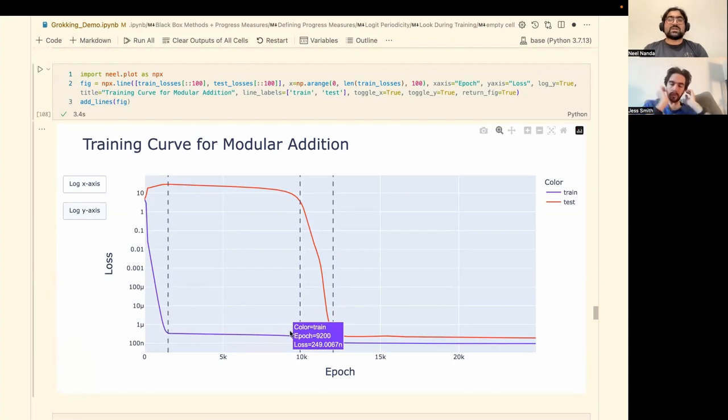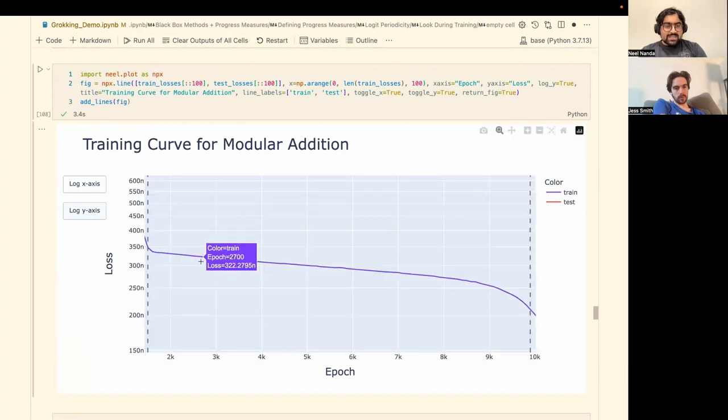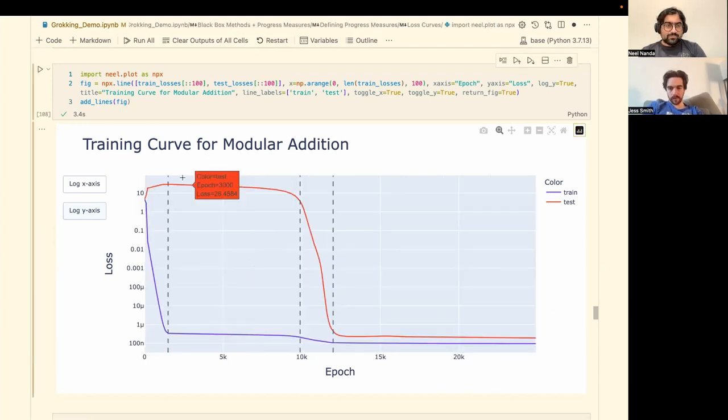This is the phase I call circuit formation, where the model is continually forming the actual trig-based generalizing solution. One important thing to note is that it kind of looks flat, but if you zoom in a bunch, it is fairly steadily going down, even if it's not going down that much.